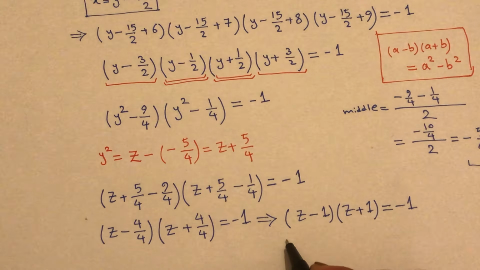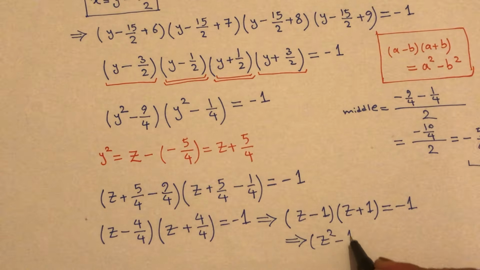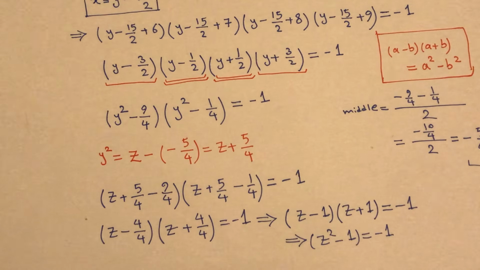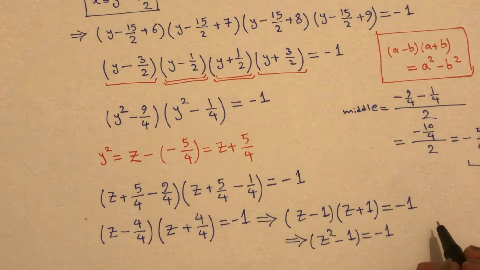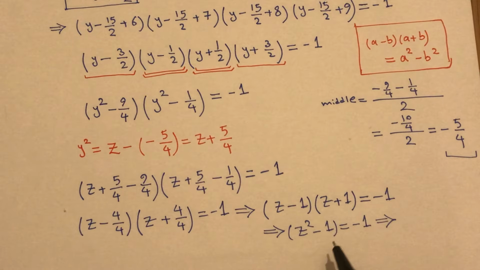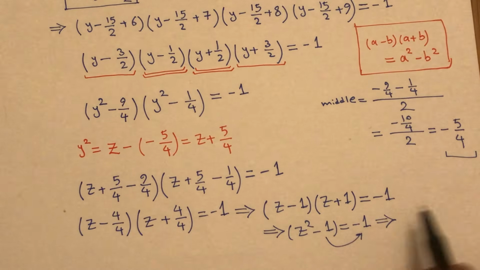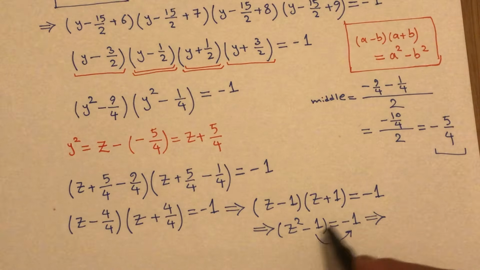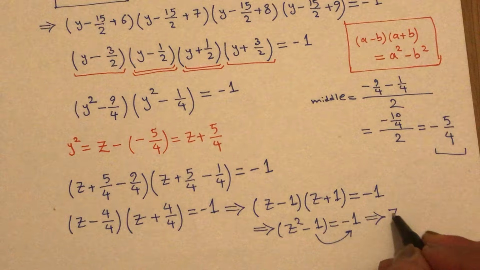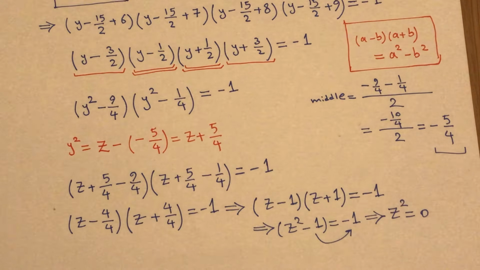So you can write z squared minus 1 equals minus 1, and you can solve it by taking this minus 1 to the other side, and minus 1 plus 1 is 0, so z squared equals 0.